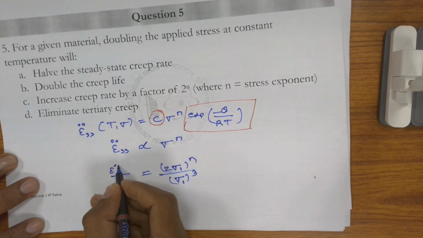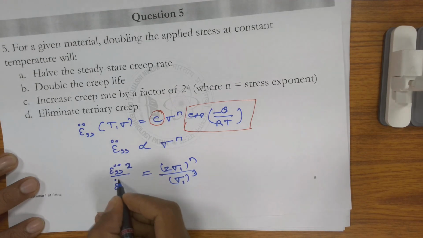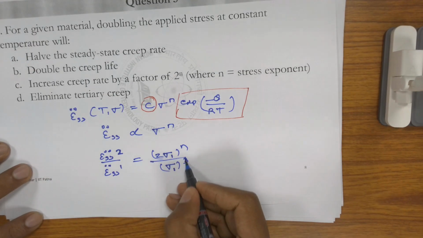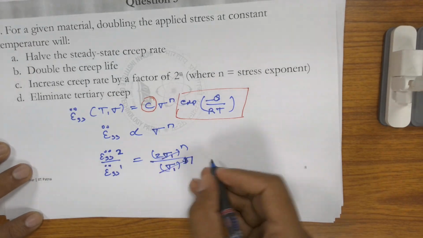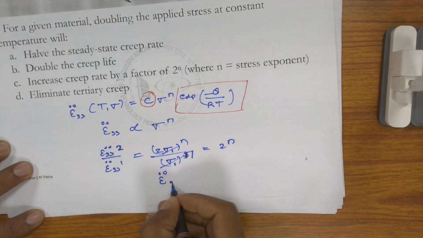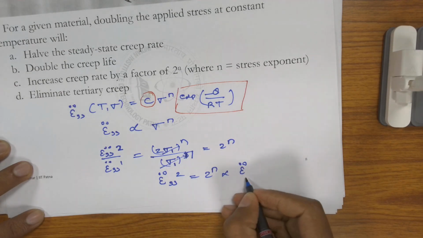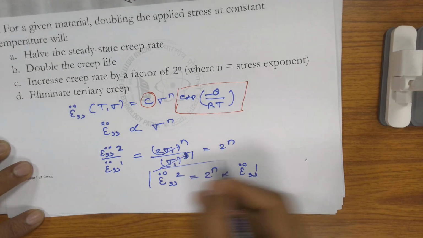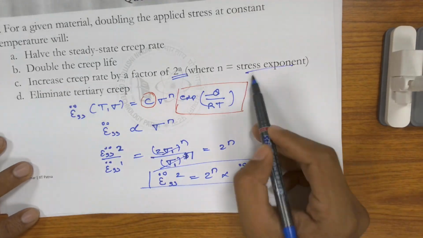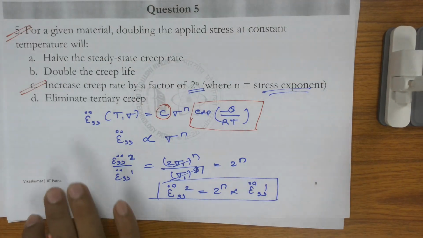The steady state creep rate for case number 2 over the steady state creep rate for case number 1. We can write them as, this is going to cancel out. What we will get? 2 to the power of n. So the final steady state creep rate will be equal to 2 to the power of n times the initial steady state creep rate. So it increases the creep rate by a factor of 2 to the power of n, where n is the stress exponent, right? So with that, we have solved this question number 5.